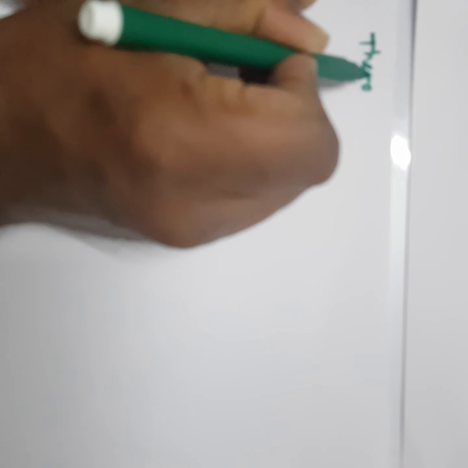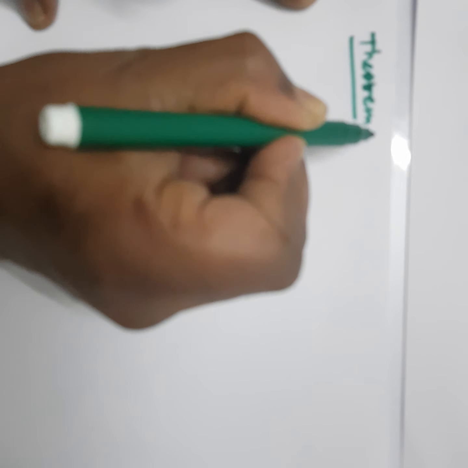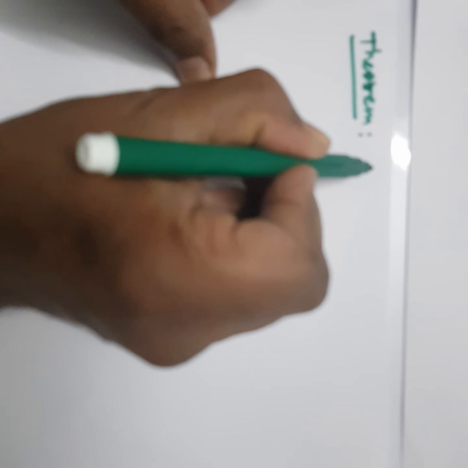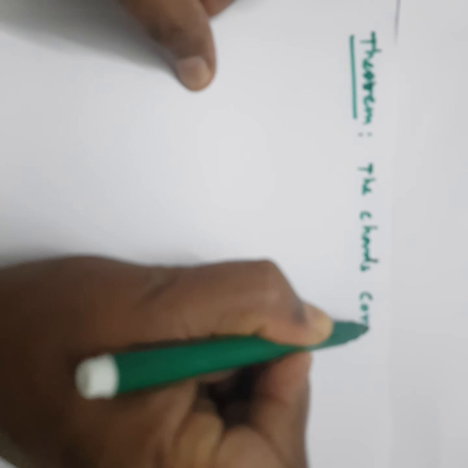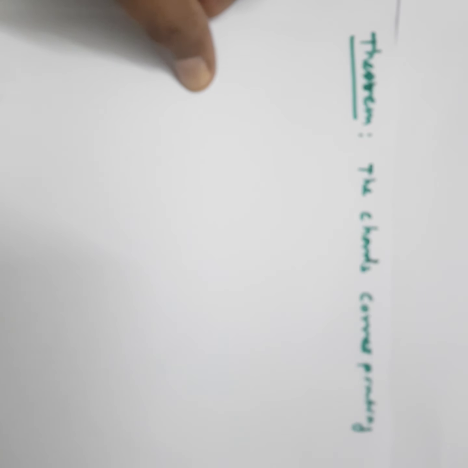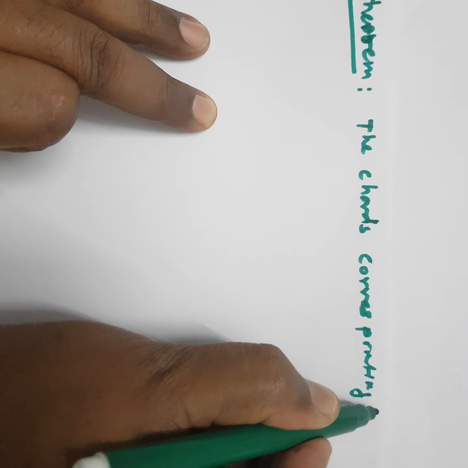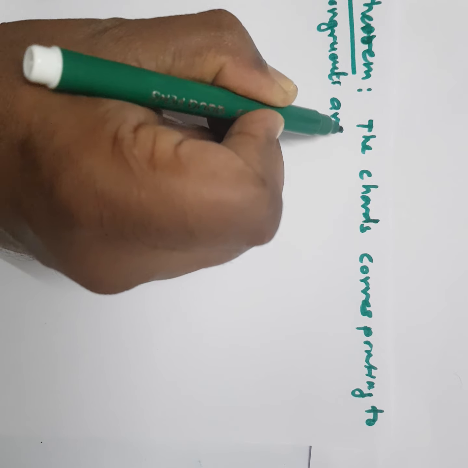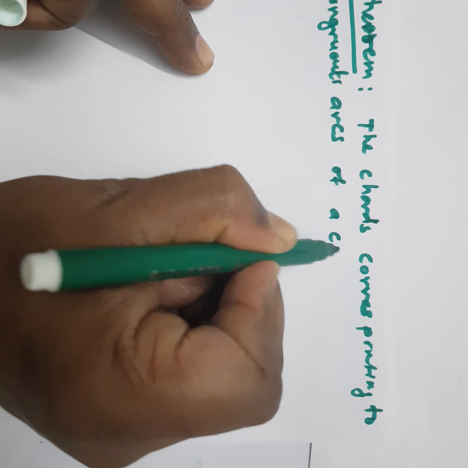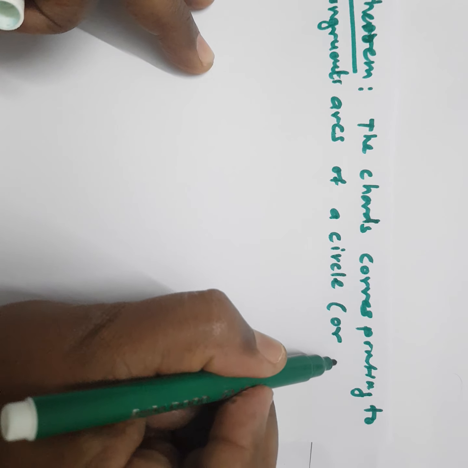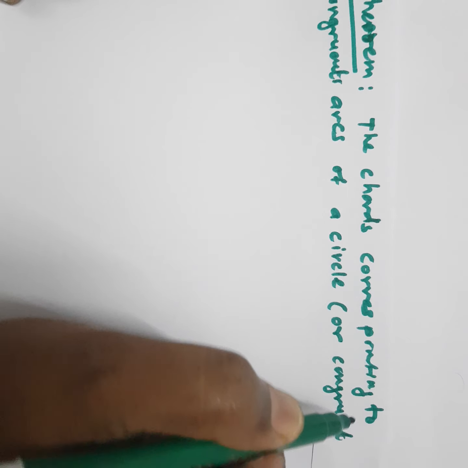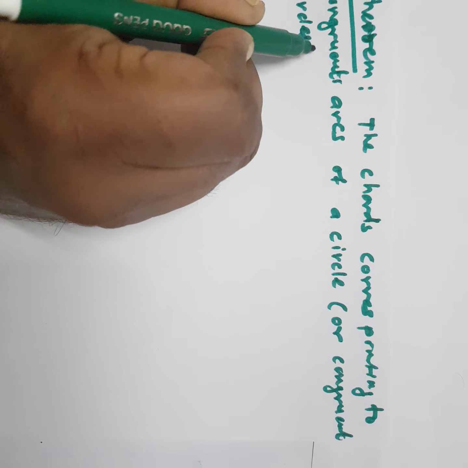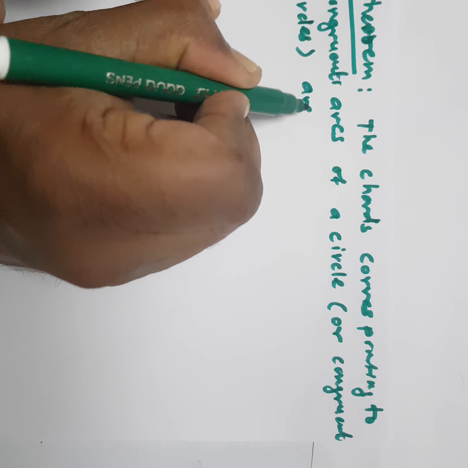Now we will see a theorem. The statement of the theorem is: the chords corresponding to congruent arcs of a circle, or of congruent circles, are congruent.